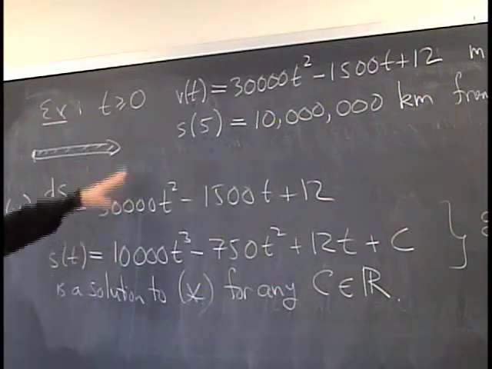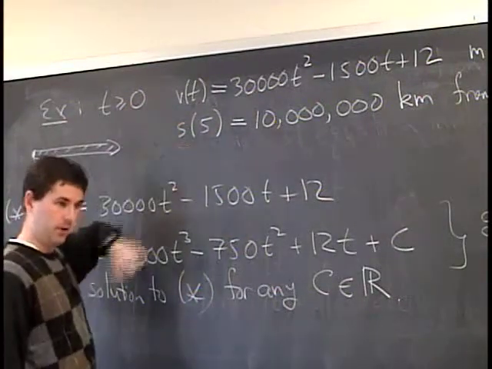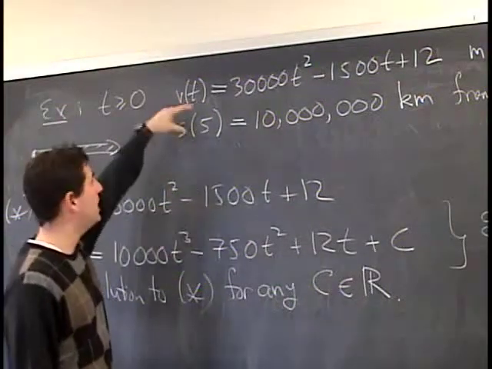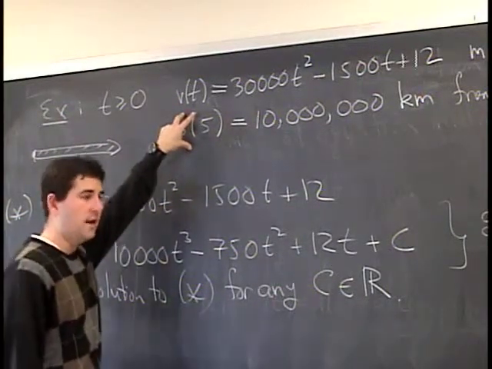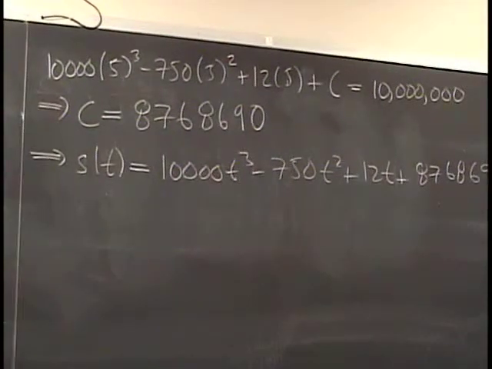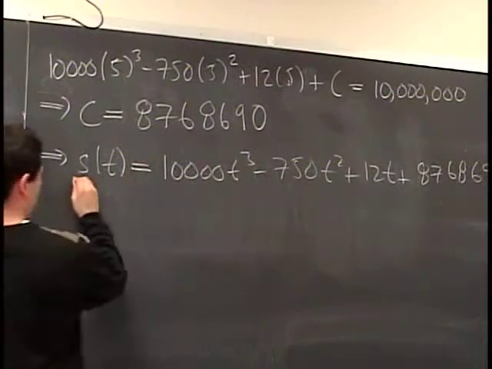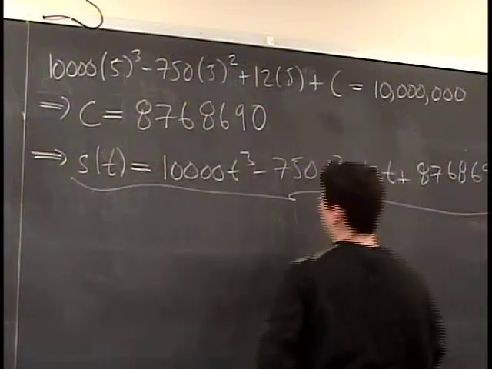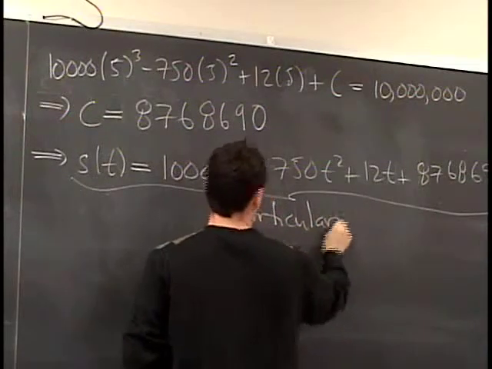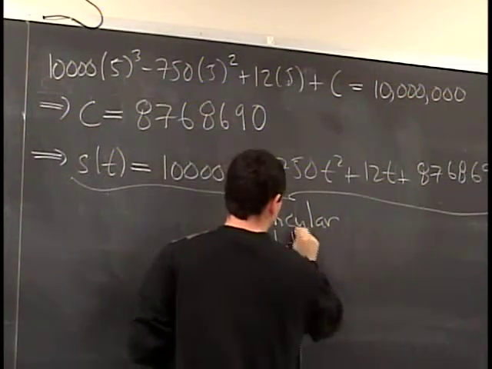You would not need this initial condition to come up with this general solution. Now, once you get an initial condition, then you're able to find, well, sort of a particular solution. And so we give a special name to the particular solution. We call it a particular solution.